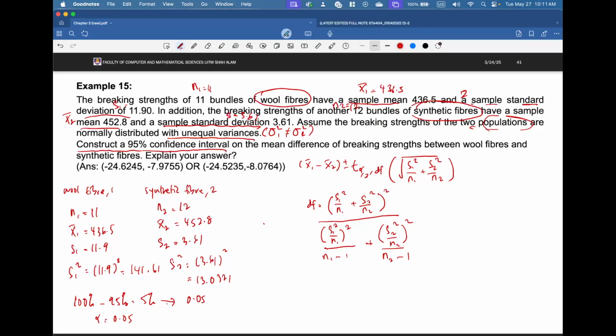Next, we transfer this information to the formula. The first thing you need to do is calculate the degree of freedom.